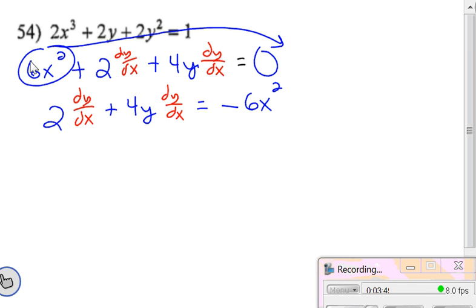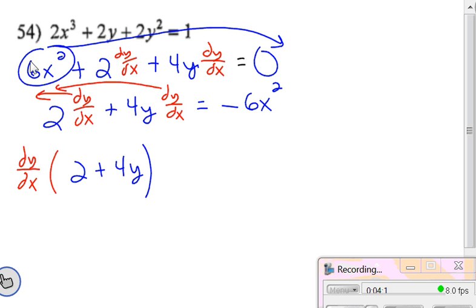It's negative 6x squared. Okay, step 3, isolate the dy dx's by, or kind of bring them back out by dividing them out, or undistribute them, or factor them out. That leaves you 2 plus 4y, and then we have equals negative 6x squared.